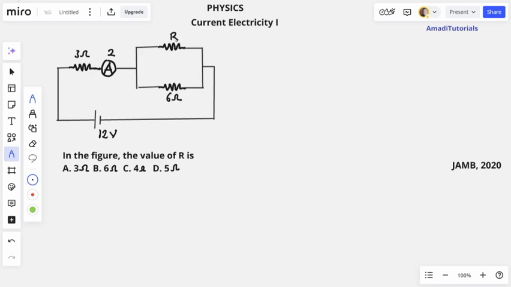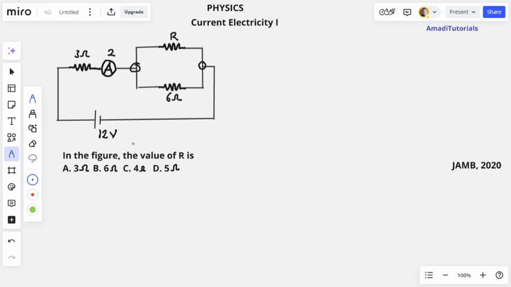This resistor here, R and 6 ohm, are in parallel. Reason is that they share the same terminal. The front of this resistor and the front of this one share the same terminal, this common terminal here. And then they also share at their back, they also share the same terminal. So these two are in parallel.